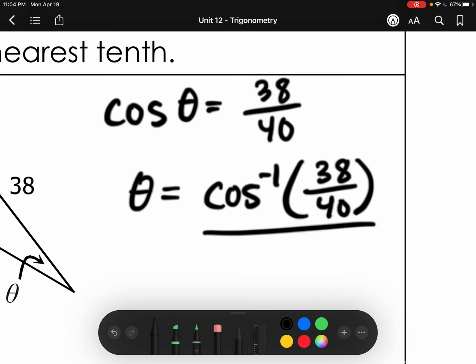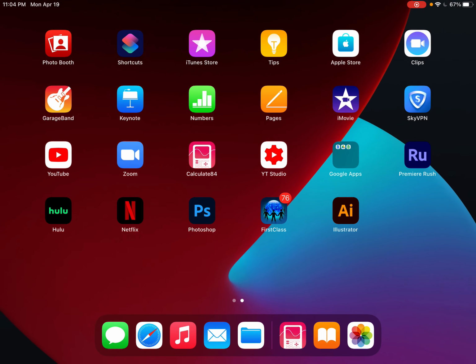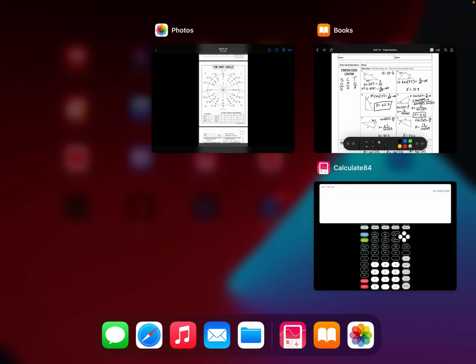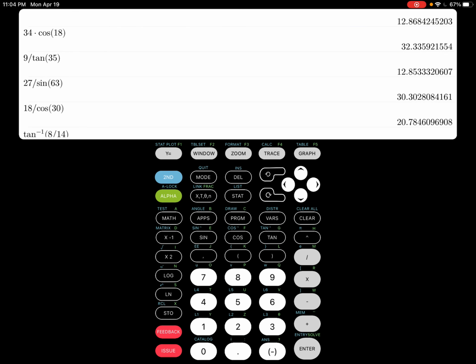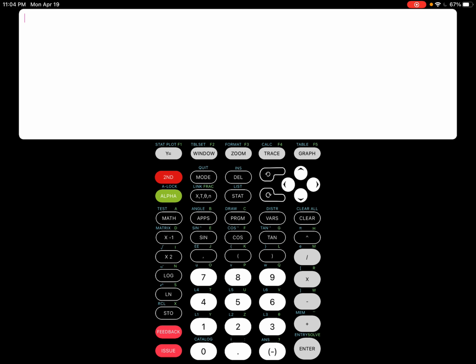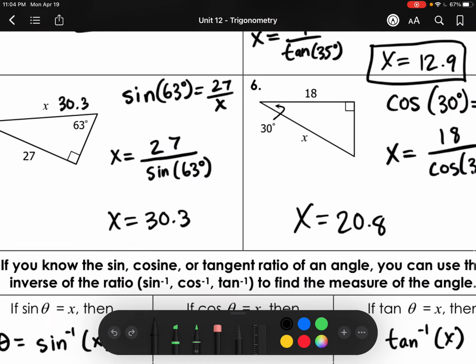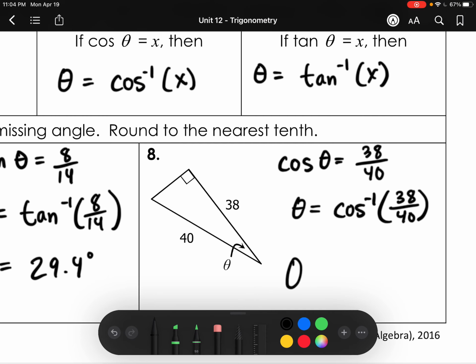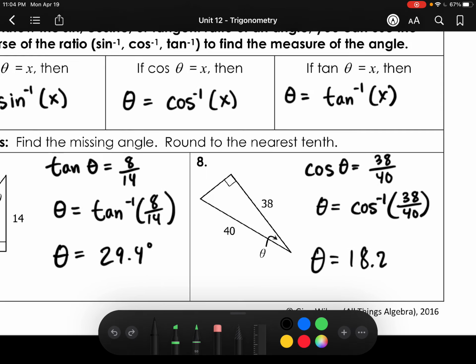So this is what you're going to type into your graphing calculator: second and the cosine button, and so the inverse of cosine of 38 divided by 40. And you get 18.19, or we can round up to 18.2. So here, theta is equal to 18.2. So this angle has a measure of 18.2 degrees.